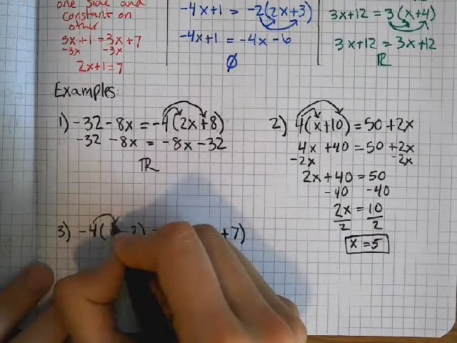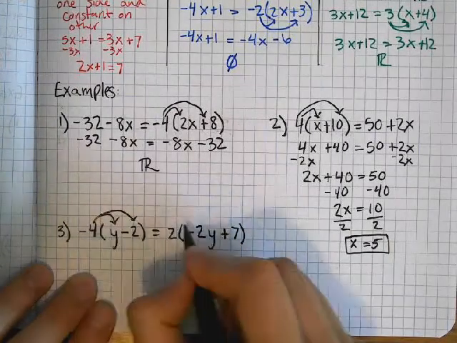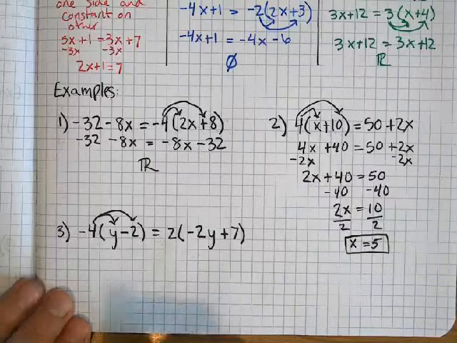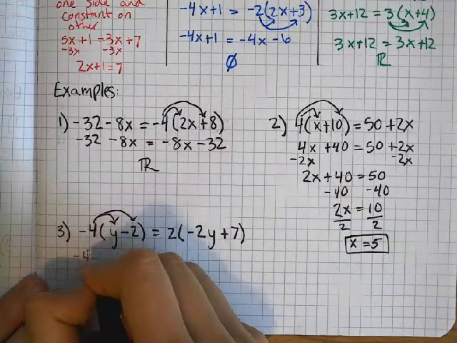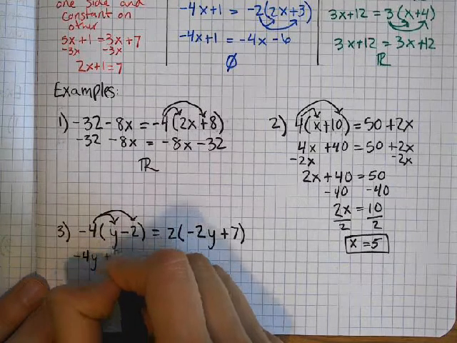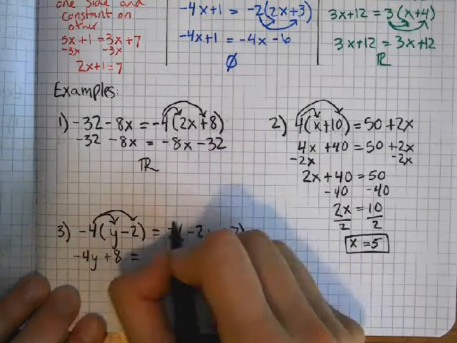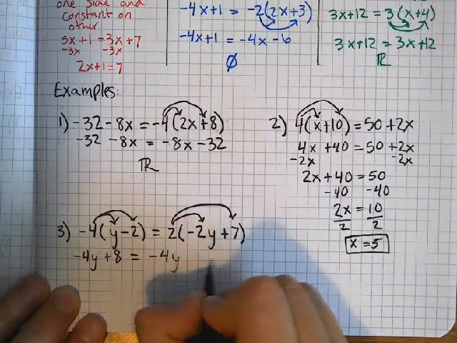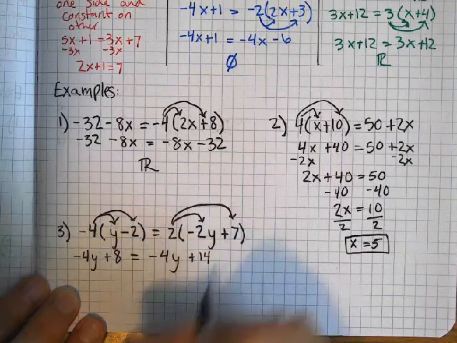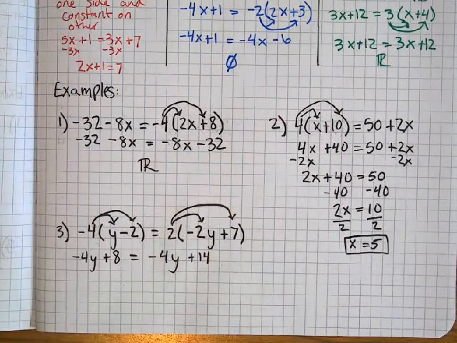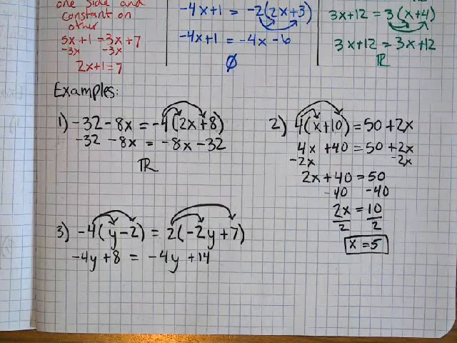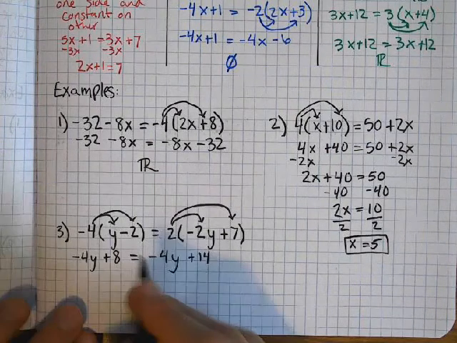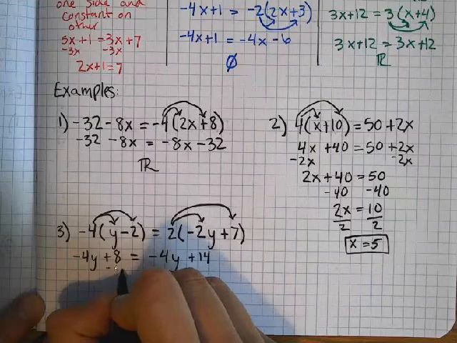All right, and for our last problem, here we're going to have to distribute on both sides of the equal sign, so I'll just do one side at a time. So here I've got negative 4y plus 8, and this is going to be negative 4y plus 14. Okay. Now, if you're not sure what to do next, just keep solving.